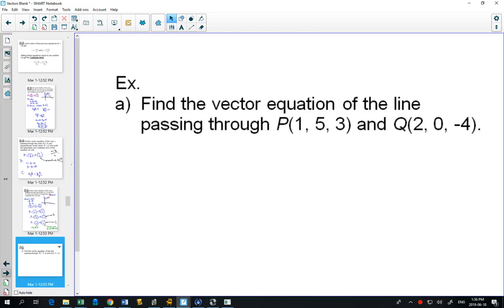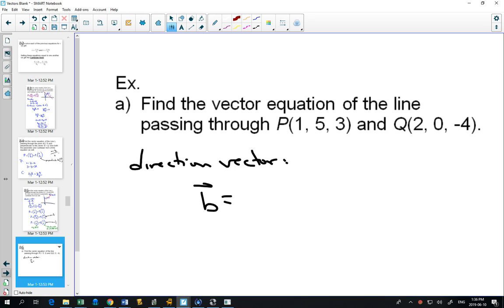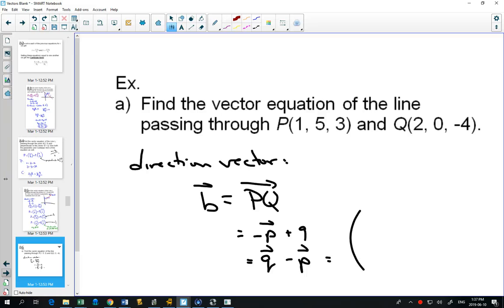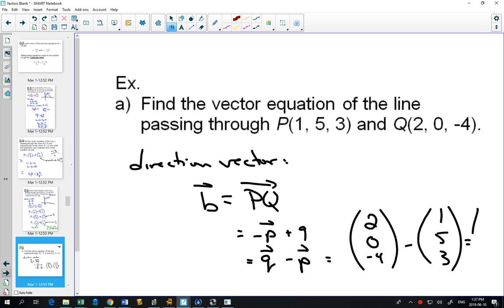So our direction vector, here I can use B, will be from P to Q. And P to Q is negative P plus Q, or Q minus P. If I take Q, (2, 0, -4), and I subtract P, (1, 5, 3), I get (1, -5, -7).